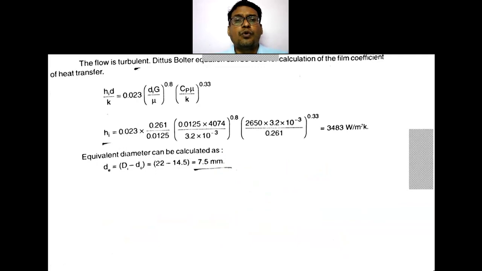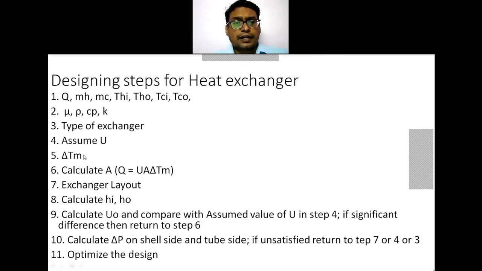The next is the flow is turbulent, so we can use the Dittus-Boelter equation for the calculation of the heat transfer coefficient. So delta Tm is calculated. It's a simple double pipe heat exchanger, so the question of exchanger layout will not appear in this case.